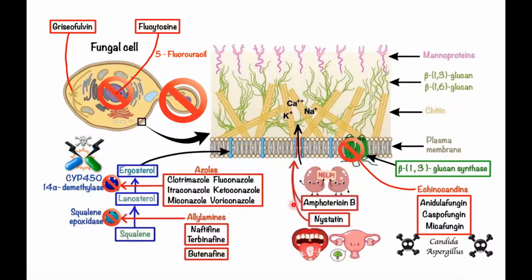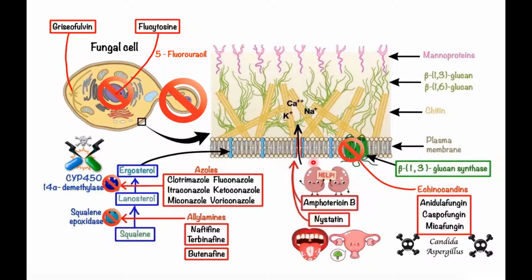and so it is usually used intravenously. So amphotericin B is very toxic, and is mostly toxic for the cells of the kidney.